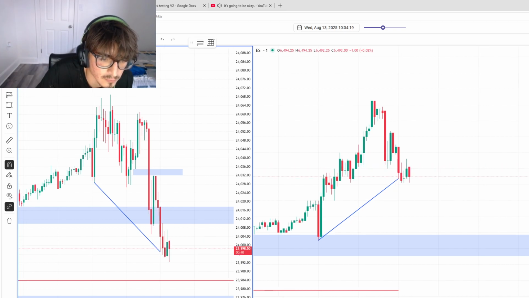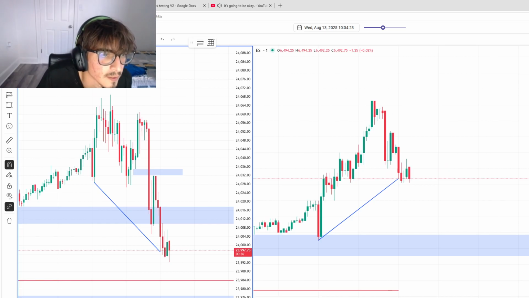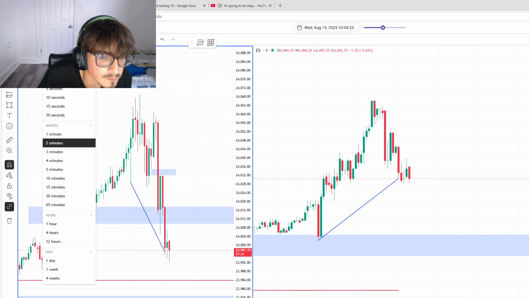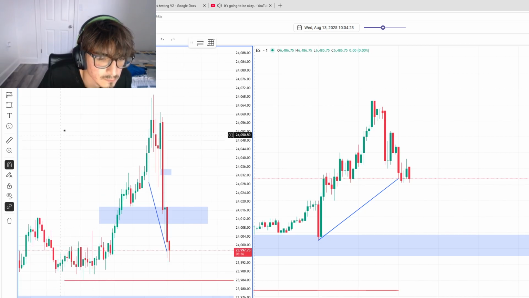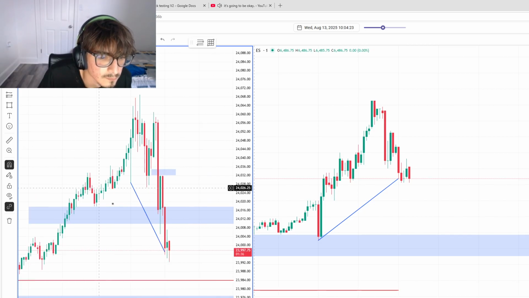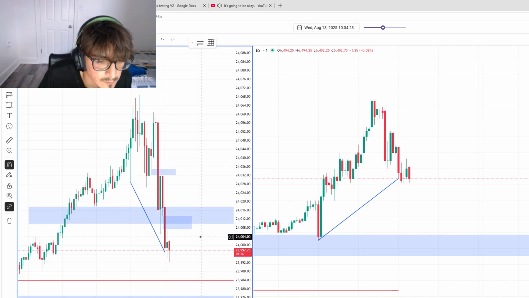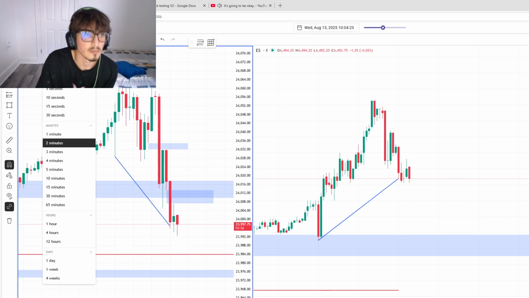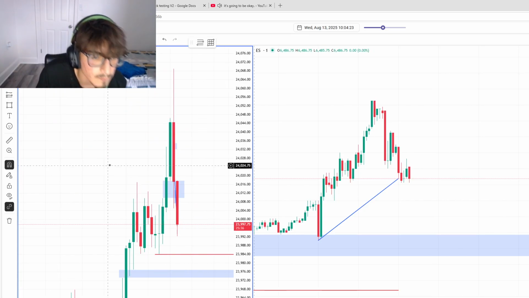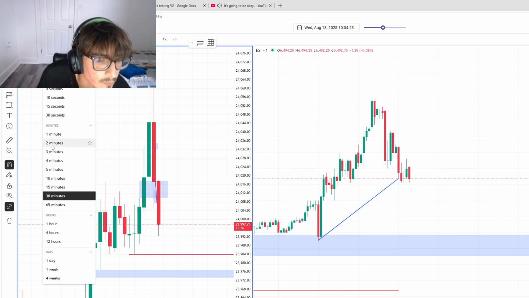Honestly, I could see an entry for longs right here with this 1 minute. For now, it's a 2 minute. Could see it going lower. For now, we must wait.